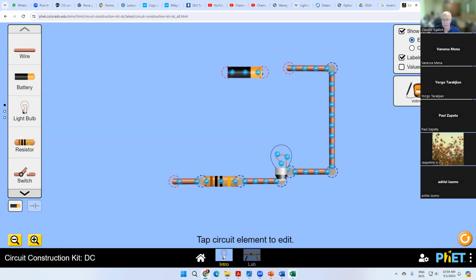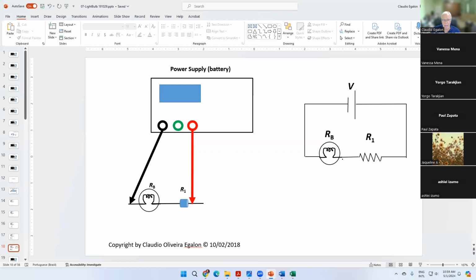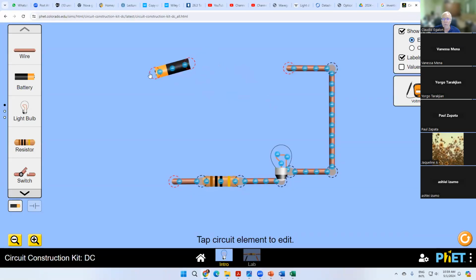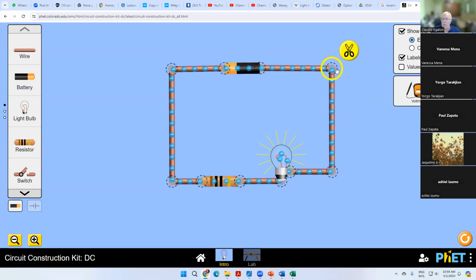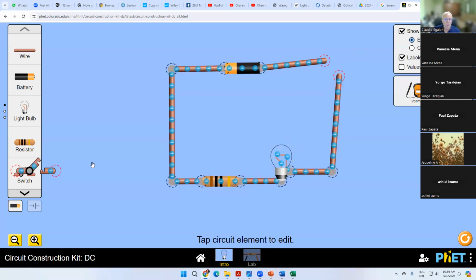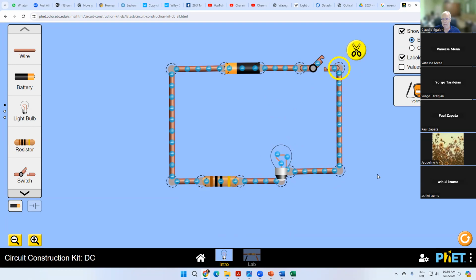Let's see, the positive would be facing the resistor, and we close the circuit. Oh, by the way, I want to put a switch right here. Okay, now we have it.